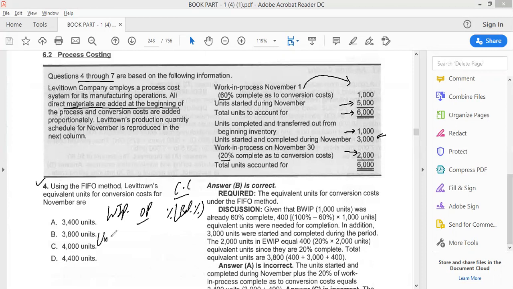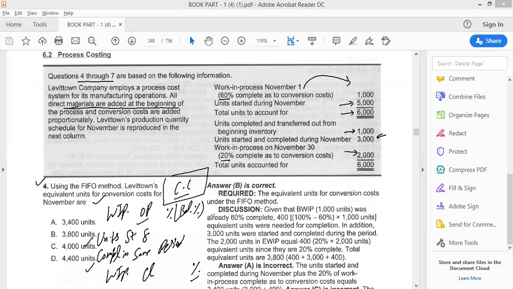In the second line, I mentioned units started and completed in the same period. And in the third line, work in process closing, and we mention the percentage. So these three steps are all you need to do, and you will have the equivalent units of production for conversion cost. Correct?